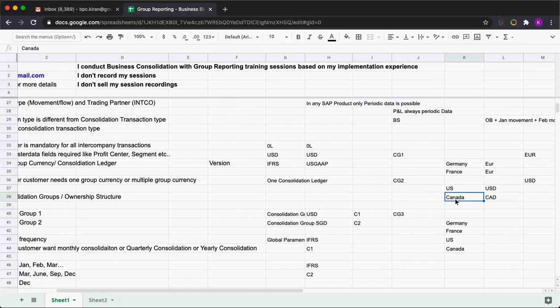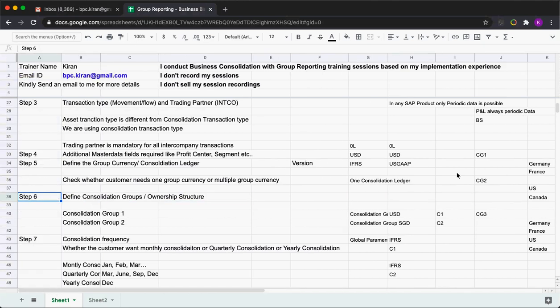List out all the groups required for your consolidation, and which entities, the consolidation units, are available in those groups. Also mention the method, because when we create a consolidation group we need the method too, like which is the holding company and whether it uses the purchase method or the equity method. The method also we have to mention in this particular ownership structure.